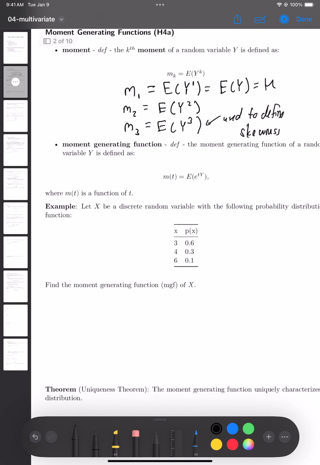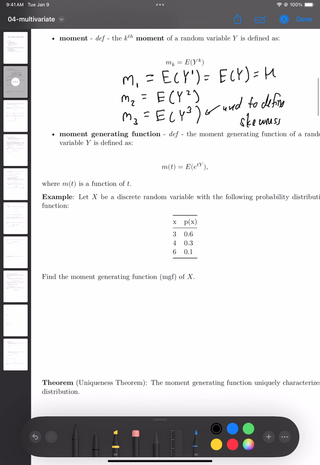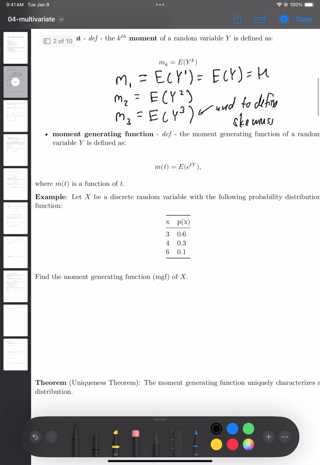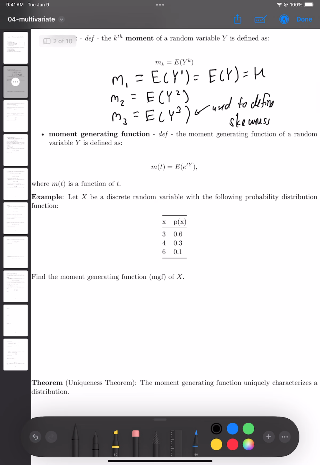The next part of this video will move into talking about a moment generating function. Again, the definition of a moment generating function is given here. It is a function of t. And the definition, honestly, is quite abstract.